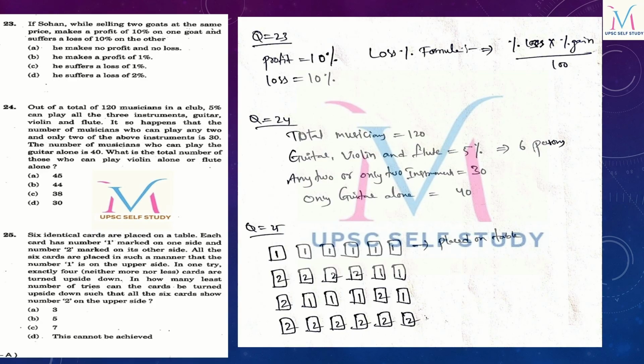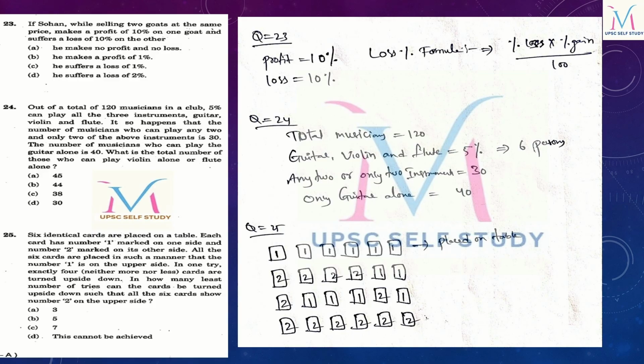In one try, exactly 4, neither more nor less, cards are turned upside down. So if we mix them and throw them up, again they will come and fall down. In that one try, exactly 4 cards are turned upside down.